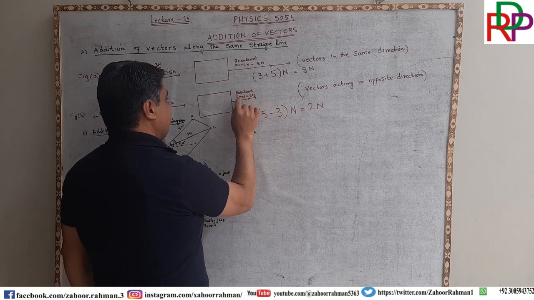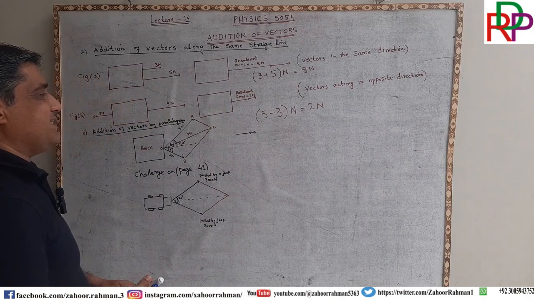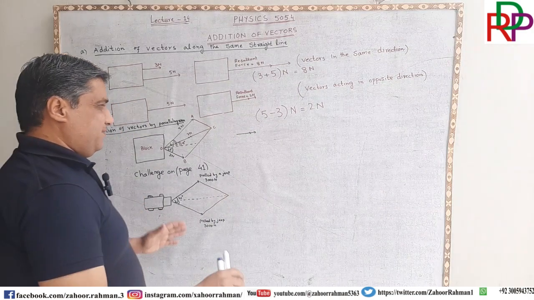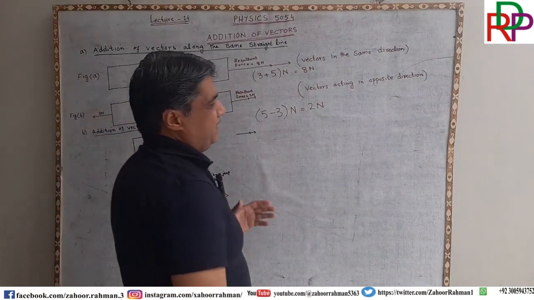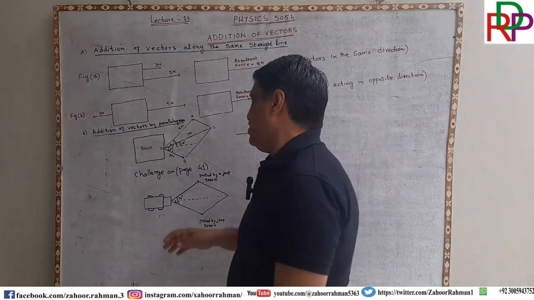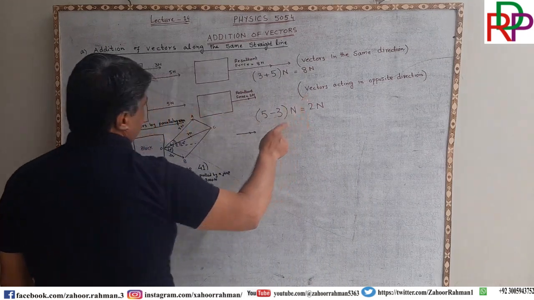So the resultant force in this case is 2 Newton, and because these are vectors, you have to specify the direction as well, and in this case the direction is on the right side.